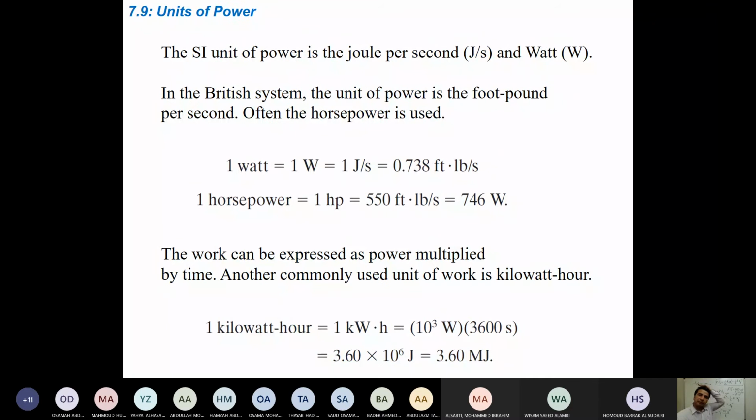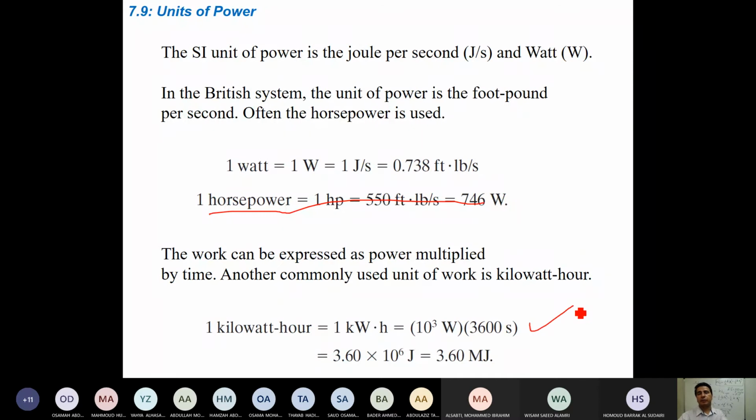There are various units of the power, like the joule per second is one, the watt is another one. Horsepower is another one, which is mostly used by engineers. So 1 horsepower is equal to 746 watt. This is also a unit.